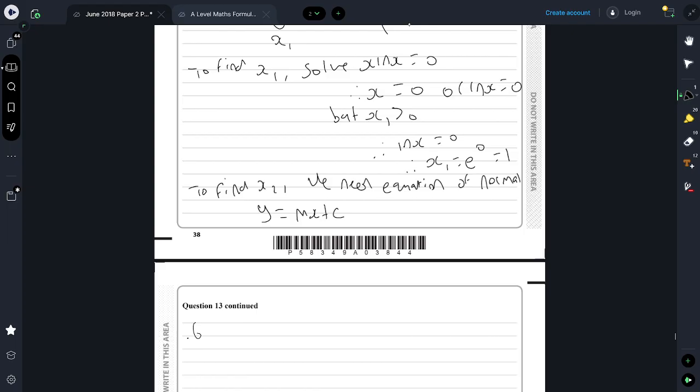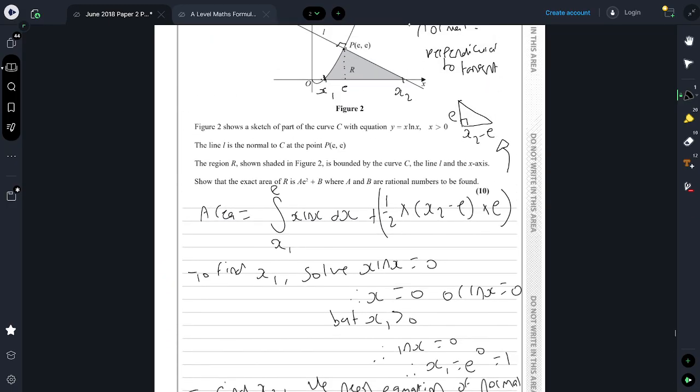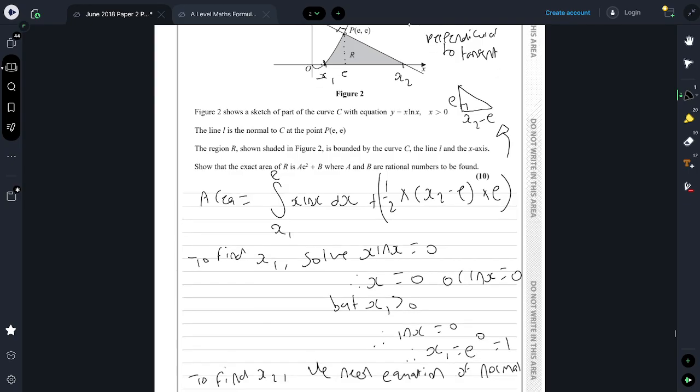So the gradient of the normal. Sorry, the normal is perpendicular to the tangent at P, and P is (E, E). That's the intersection, where the normal is at P. Well, we need to find the tangent.